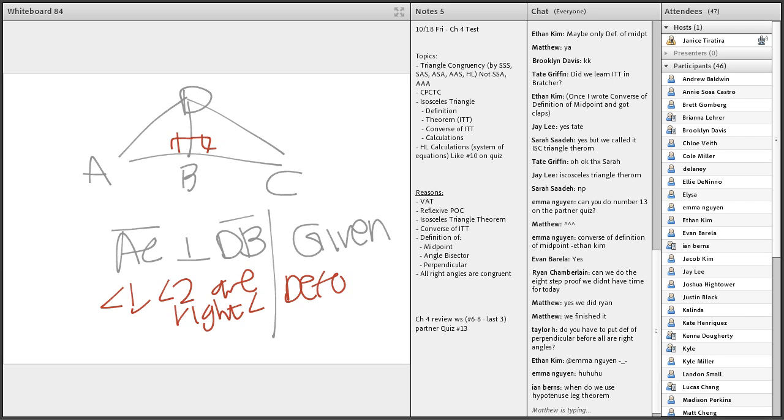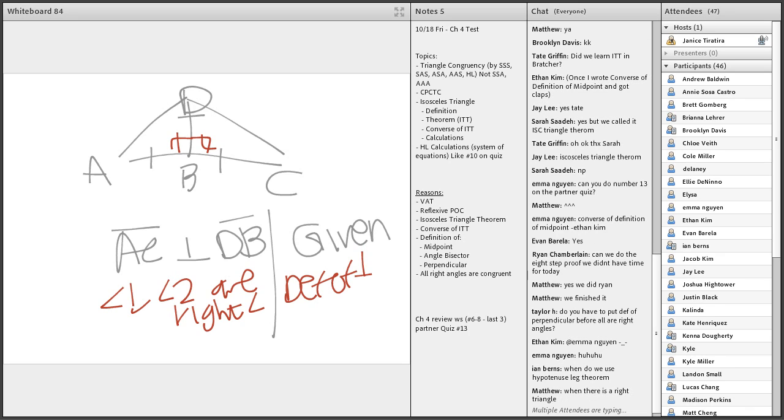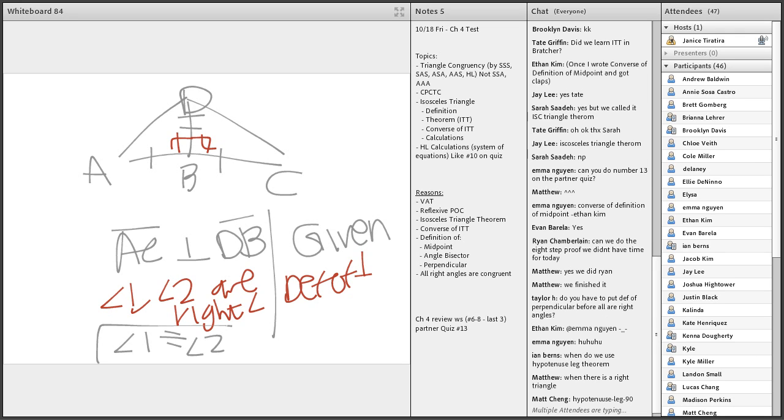So definition of perpendicular is fine. Then if you're trying to do side angle side, let's say these were given, okay, I'm just pretending, and we want to do side angle side soon, then I would have to say they're congruent, because I always want to have congruent marks, and that will be all right angles are congruent. Okay, so yes, that is the case.